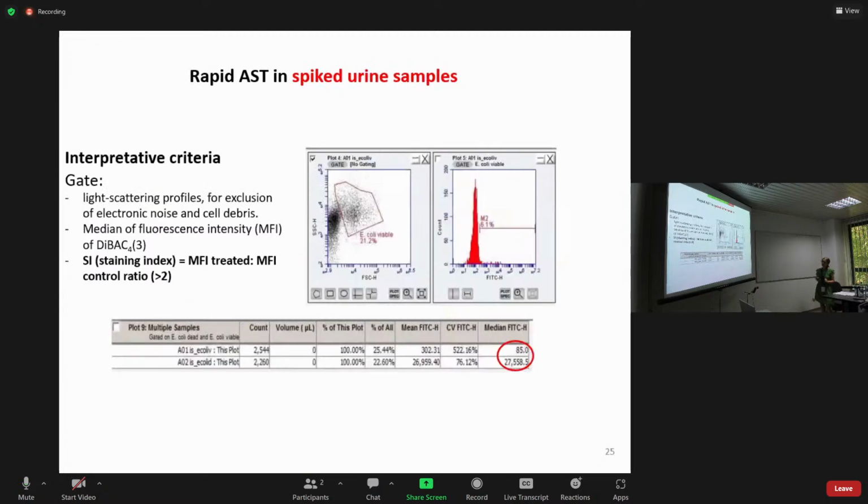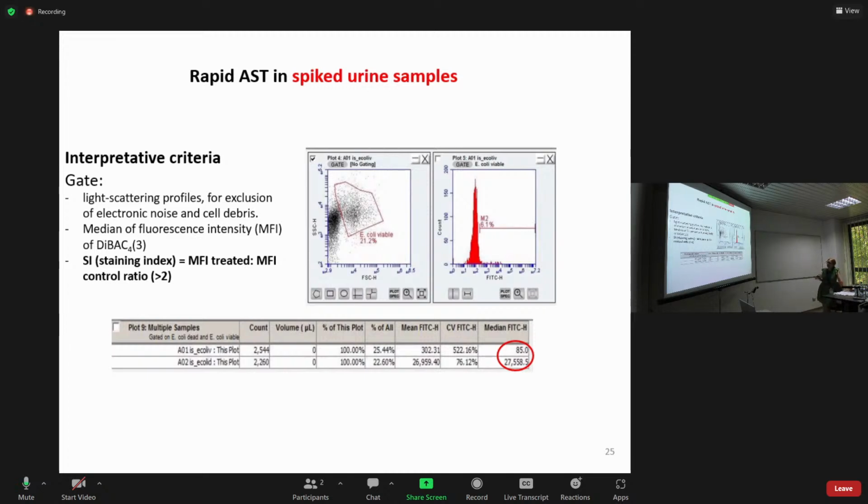Let's see what we have obtained here. So, first we have gated the viable population. This is quite challenging because the size of bacteria is very low, a few micrometers. So for example, for someone who is acquainted with flow cytometry and is using it for analyzing blood cells, this is the noise.